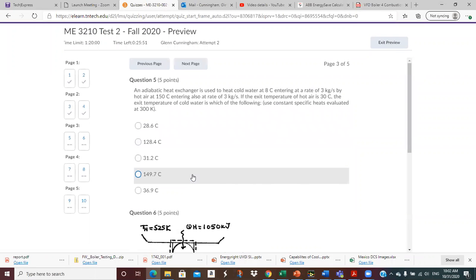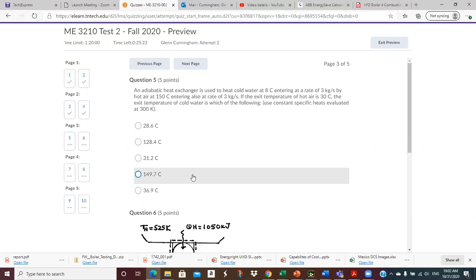Okay, 5, we have an adiabatic heat exchanger used to heat cold water at 8 degrees C, entering at a rate of 3 kilograms a second, by hot air at 150 degrees C, entering at a rate of 3 kilograms per second. So we get the same mass flow rate of the water and the hot air.